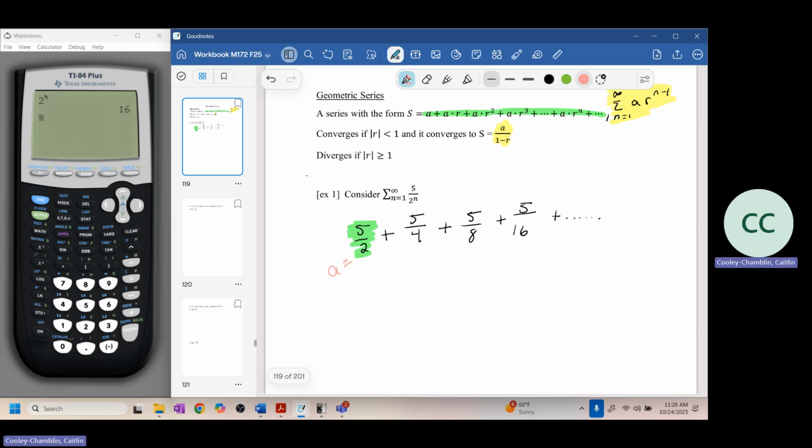And then I need to determine what R is. So this is A times R. This one's A times R squared. This is A times R cubed. So we need to figure out what R is.